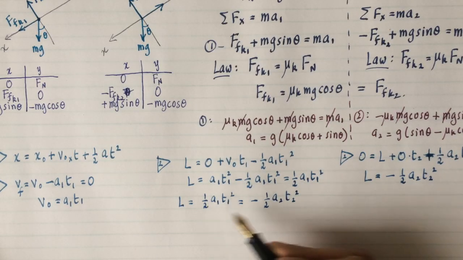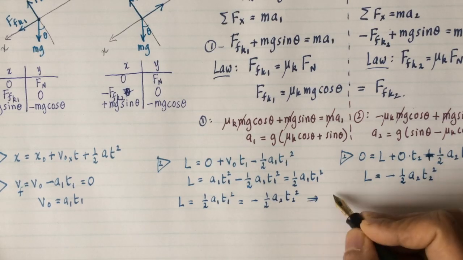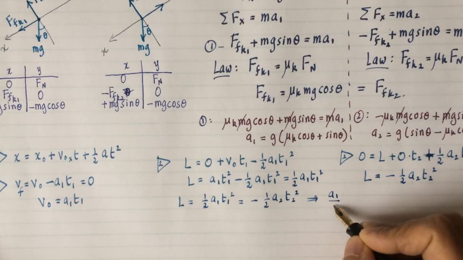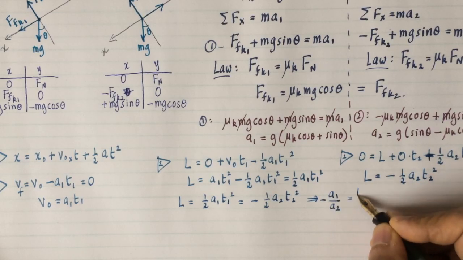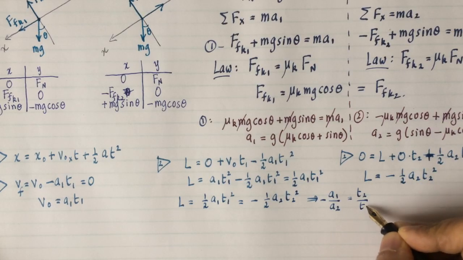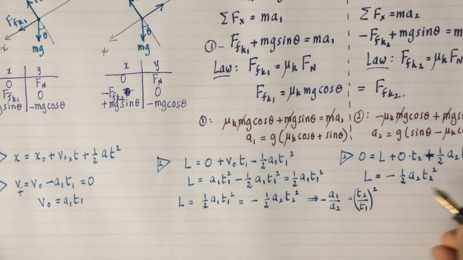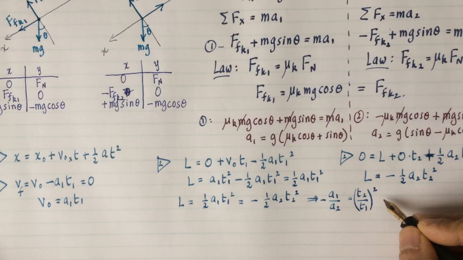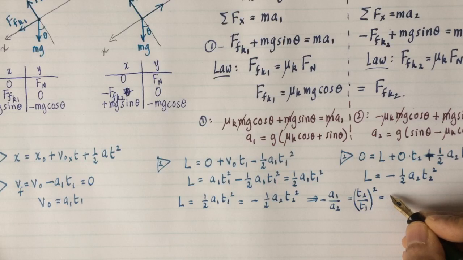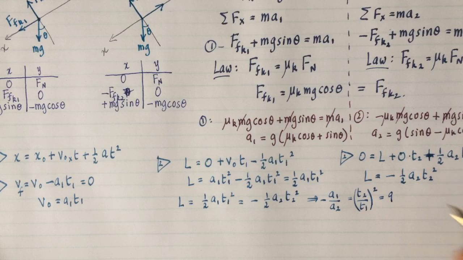So if I cancel out the halves, I'm going to get negative a1 over a2 is equal to t2 over t1, the whole thing squared. And that in our problem is going to be 3 times. So that thing is going to be 9.